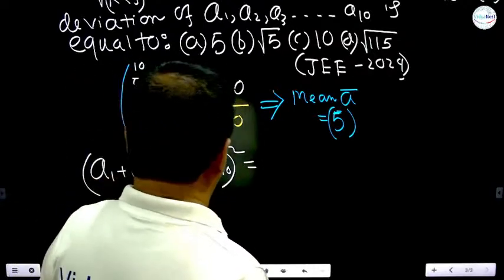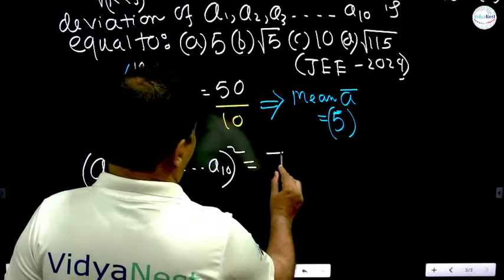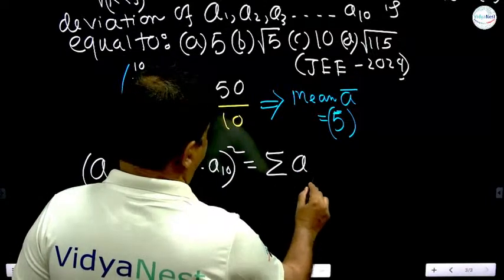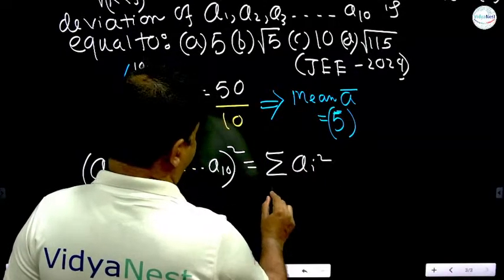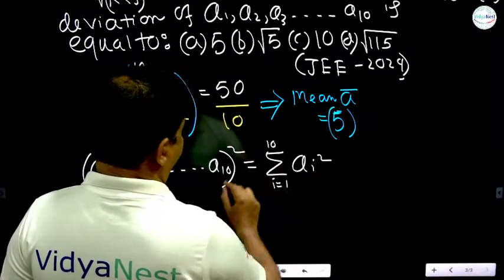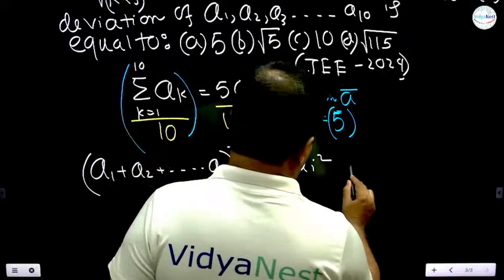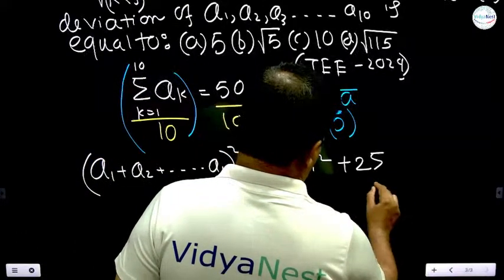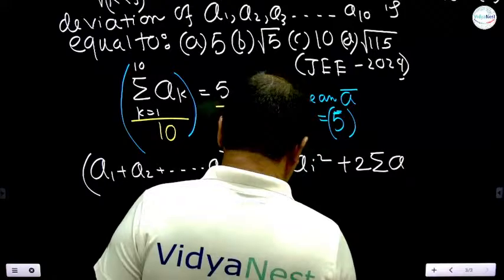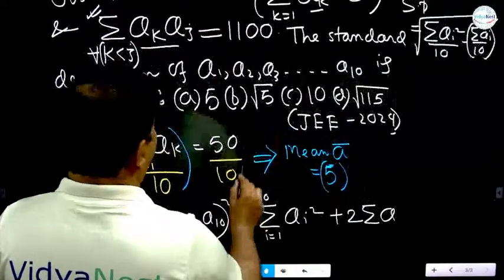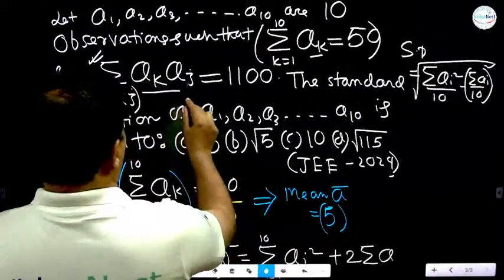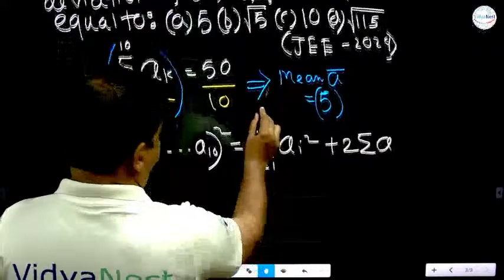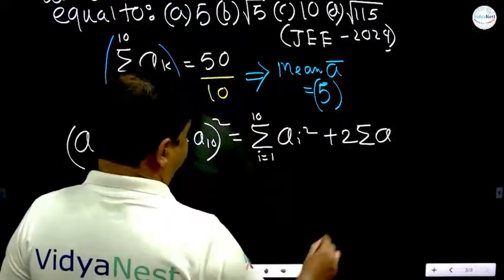ये जो है, इसको हम लिख सकते हैं समेशन ऑफ ए आई स्क्वायर, i1 to n, प्लस समेशन ऑफ 2 ai aj. ये जो टर्म तुमको दिया हुआ है ट्वाइस ए बी जो टर्म है.